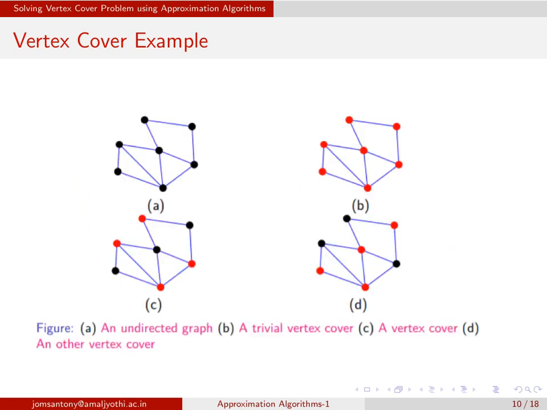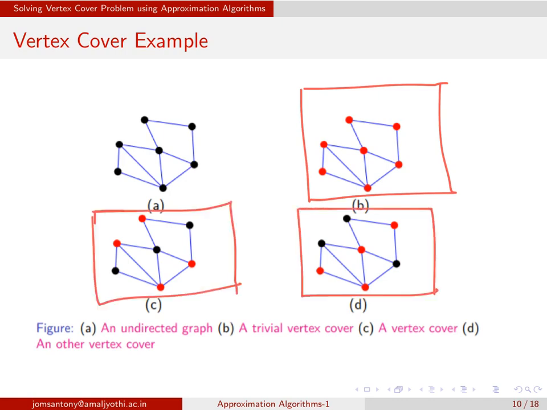Figures B, C and D show some other possible vertex covers of this graph. Note that the vertices inside the vertex covers are marked in red. Figure B is a trivial vertex cover in the sense it contains all the vertices of the graph, and figures C and D contain vertex covers having a size of 4.